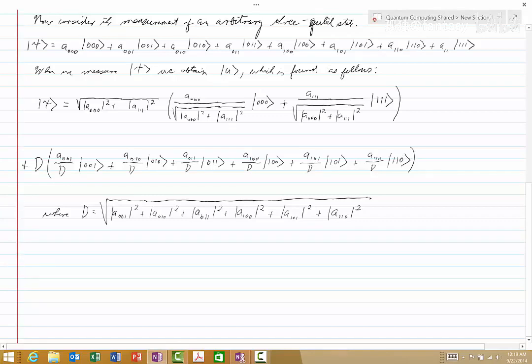And now notice that each one of these parenthetical terms is an allowable state. Each one has a magnitude of 1, and so if we follow the notation in your book, we might call one U and one V, or we could perhaps call this U1, and this one we could call U2.